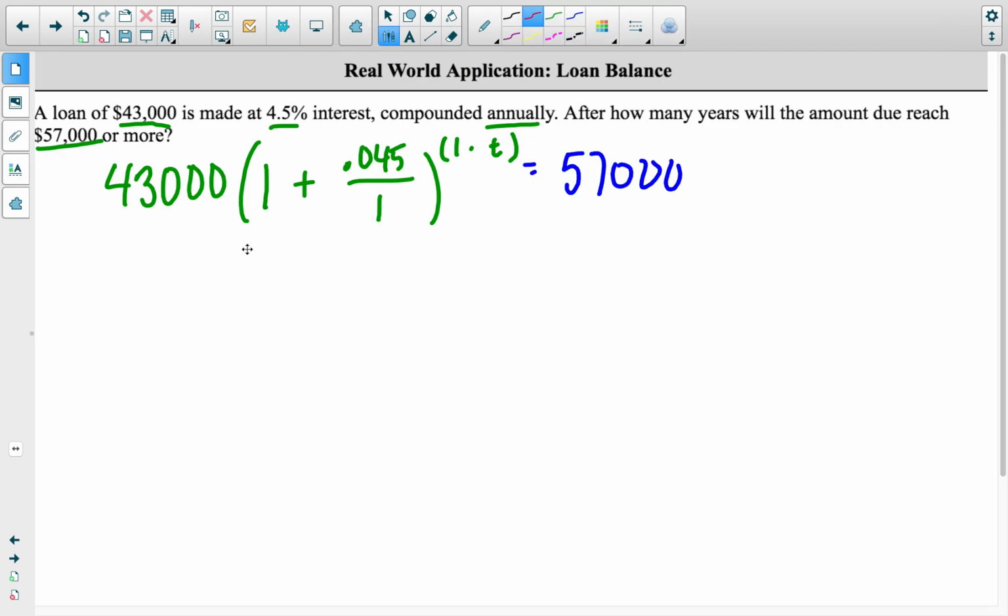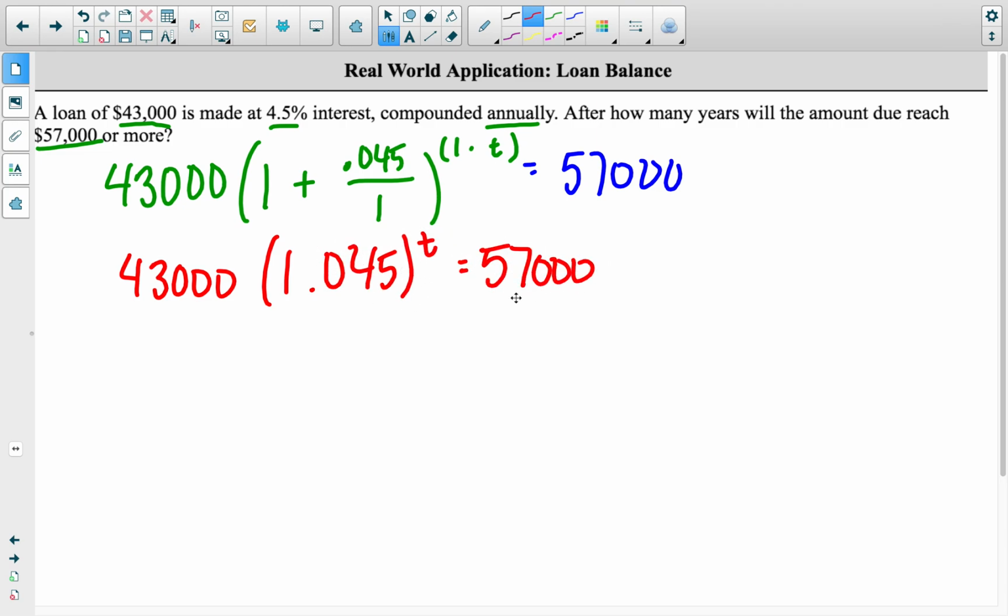I'm just going to write that on this side, equals 57,000. Now we'll clean up and solve whatever we can. 43,000 times 1.045 raised to the power of t equals 57,000. Divide both sides by 43,000. I'm not going to divide this because I might get a decimal and I don't want to round my intermediate computations. Now we'll take the log of both sides.